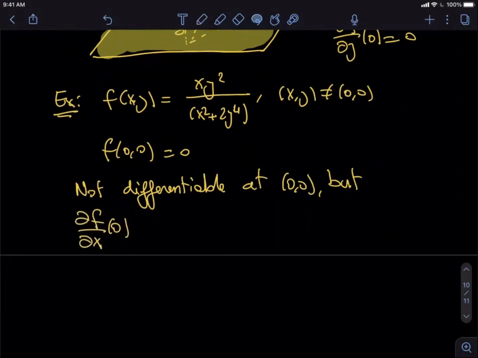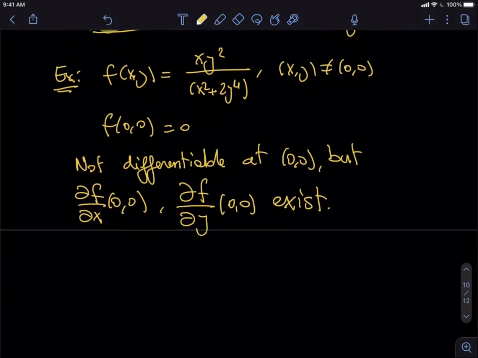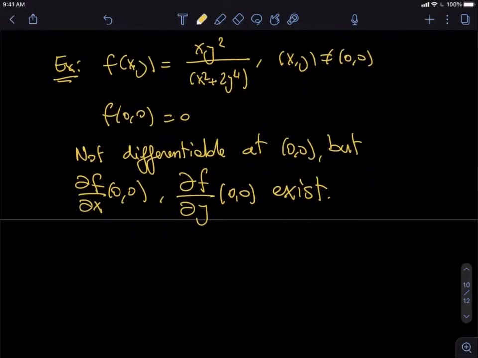I should probably write (0,0) here instead of just 0. In fact, just look at the function. It's not even continuous.